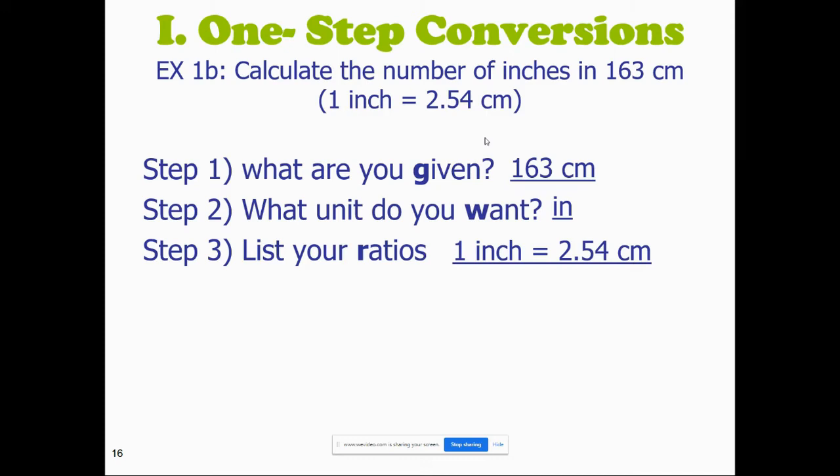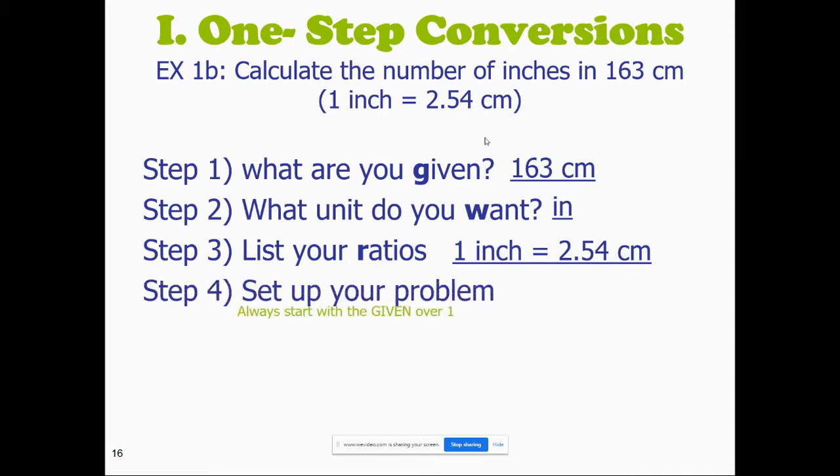So when we go to solve this problem, we write down our given, 163 centimeters, put it over 1. Okay, we want centimeters to cancel out. In order to cancel centimeters, using our ratio here, we want this part of our fraction to be on the bottom so that the centimeters will cancel out.